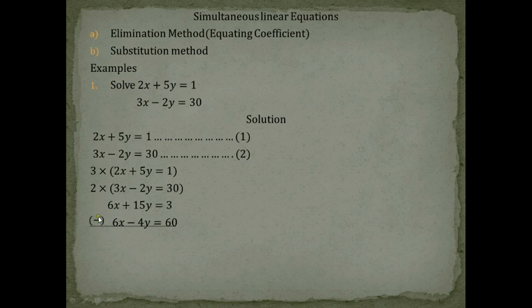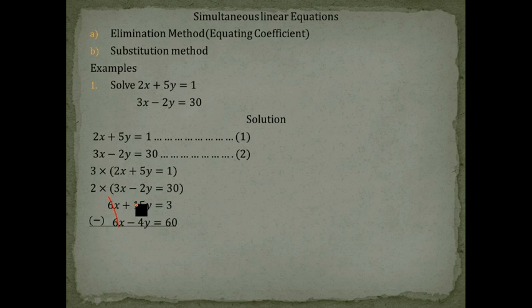Then 6x minus 6x is going to be 0, so we've eliminated 6x. The next thing is to use this negative to multiply the other term here. Minus times minus 4y is going to be plus 4y.